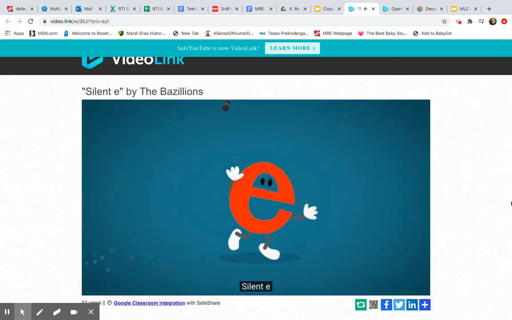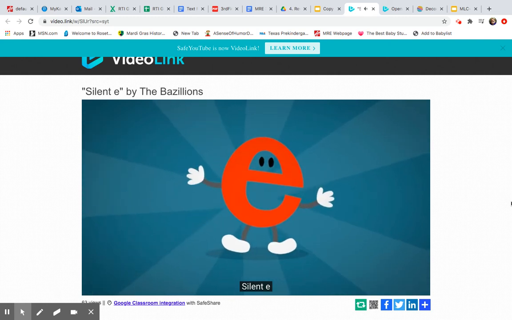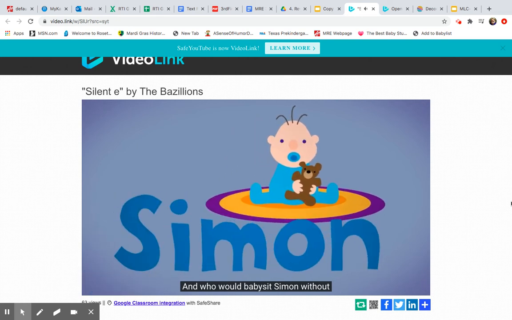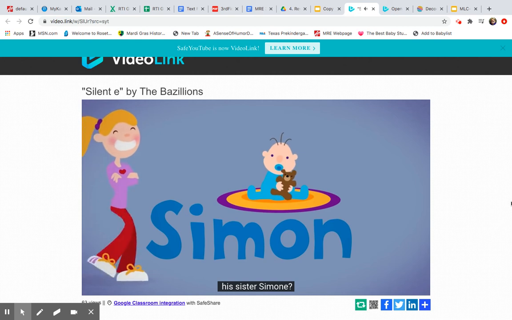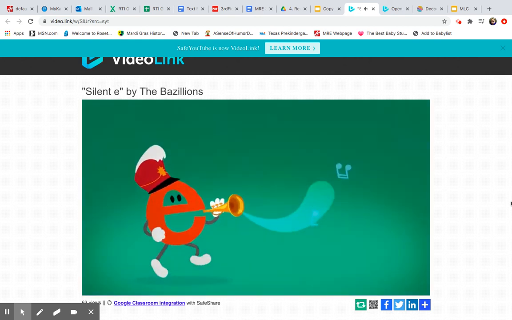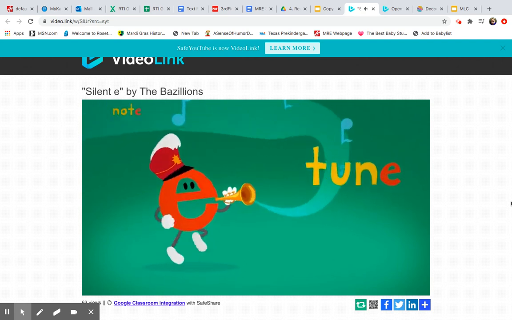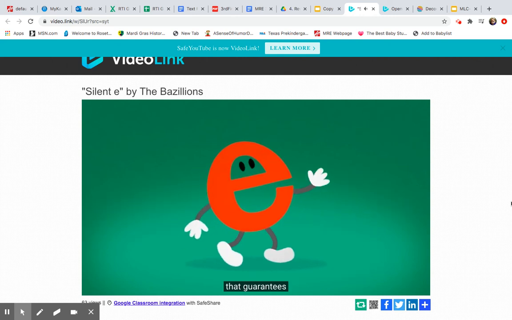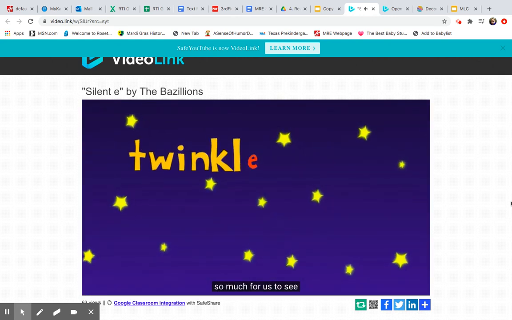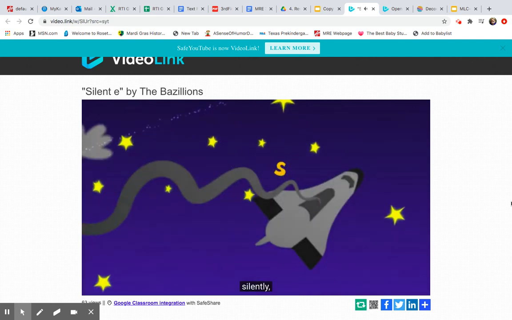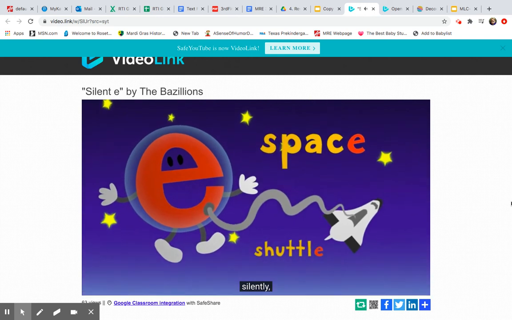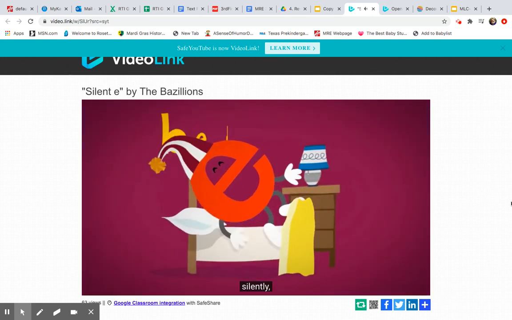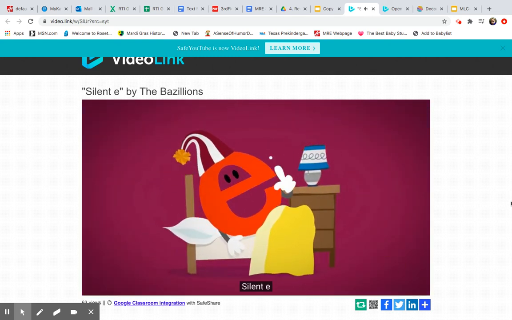Silently, silent E. And who would babysit Simon without his sister Simone? Silently, you hold the key that guarantees so much for us to see. Silently, silent E.